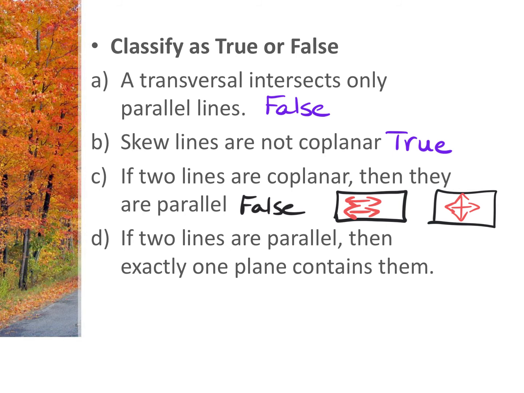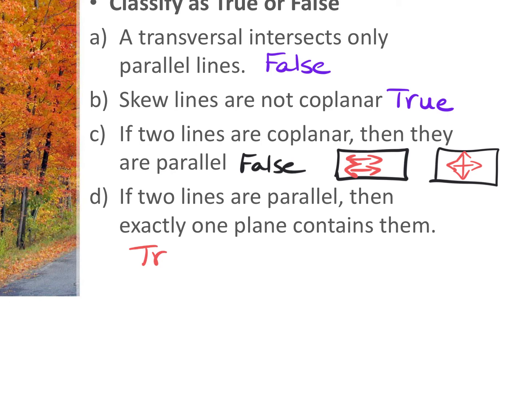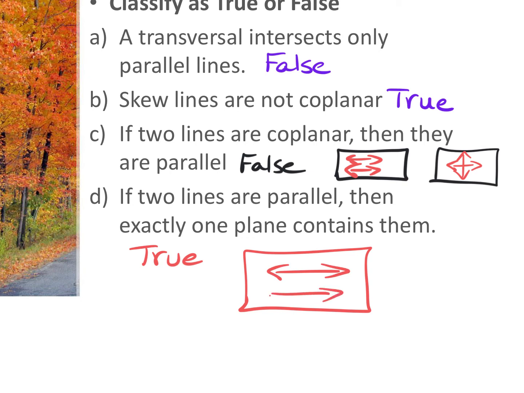And then part D, if 2 lines are parallel, then exactly 1 plane contains them. And this one is true. So if I have 2 parallel lines, then 1 plane would contain them. What we're going to see coming up is when you have a diagram to tell if 2 lines are parallel, they're going to put little arrows on the line.